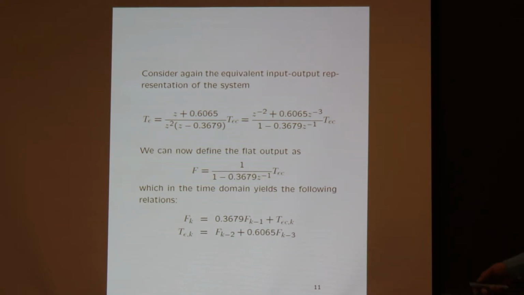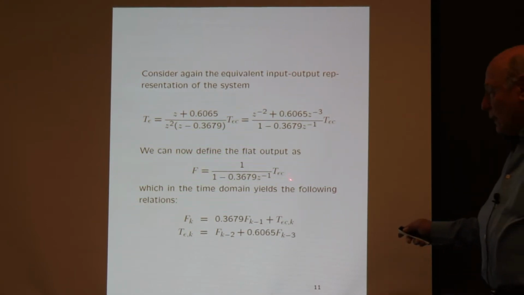And when you have that, you can still define the flat output, because these are now polynomials in C minus 1, and these polynomials are coprime, and the system should be controllable, or it is controllable, and the representation of the flat output can be made in terms of the transfer function in terms of C minus 1.